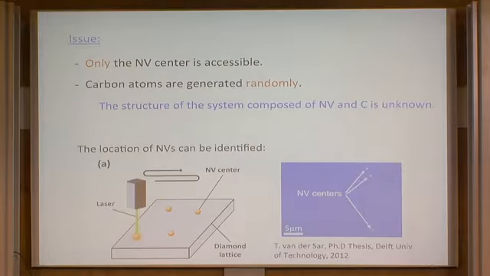So here's an issue: usually only the NV is accessible. If you scan the laser field on your device, then there's a flash point, and you can detect there's an NV. But the carbon atoms are usually generated randomly. That means the structure of the system composed of NV and C is usually unknown. That's an issue because we want to do nice gate operations on the whole system composed of carbon and NV.